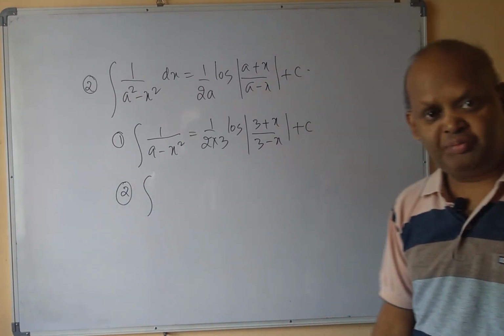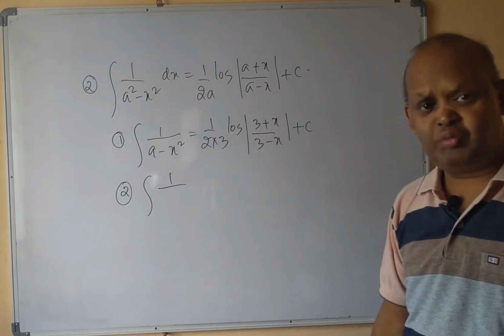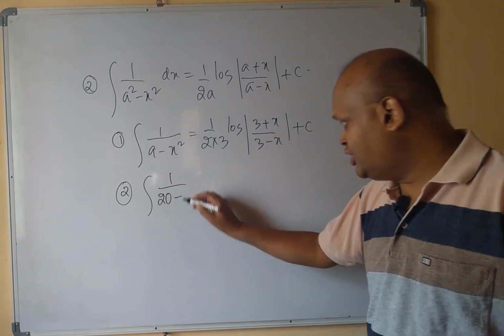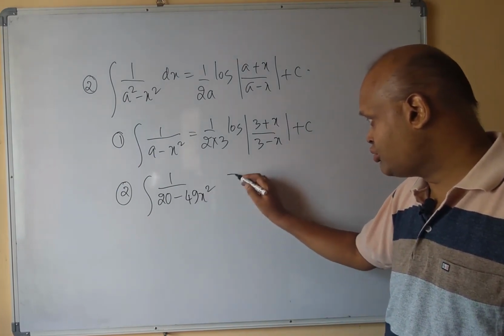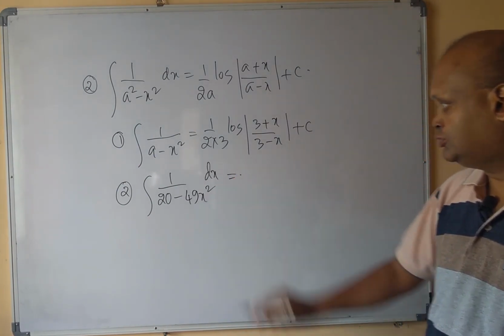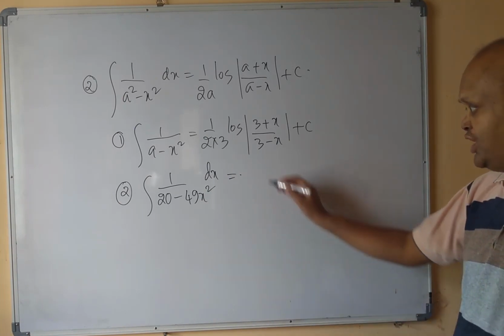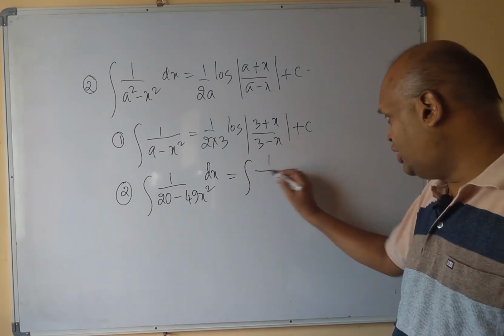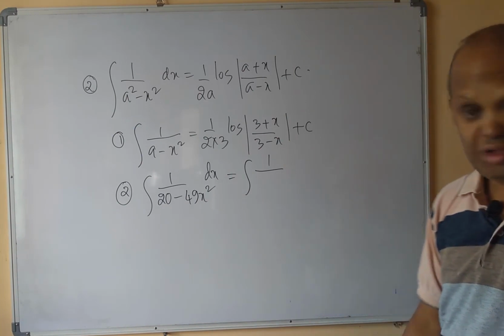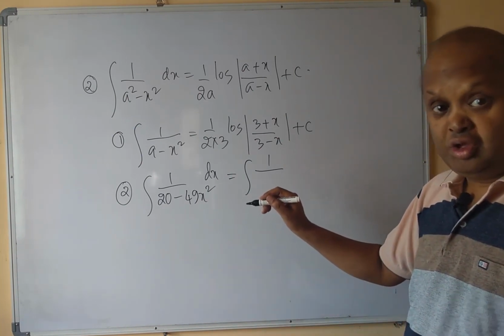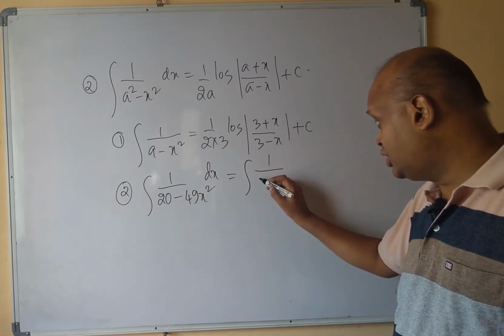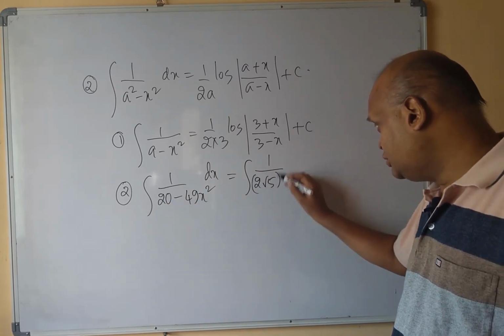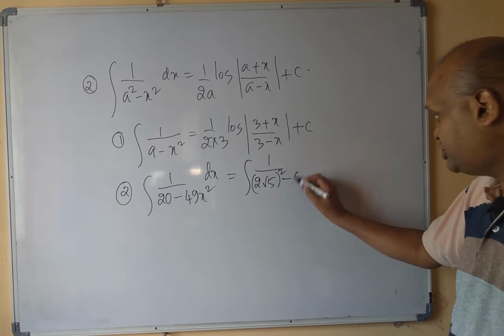Another similar concept: suppose, very simple, I am talking about 1 upon 20 minus 49x square dx. So I can write it as 20, which is 4 into 5. A square is 20, so it is definitely (2 root 5) whole square minus (7x) whole square.